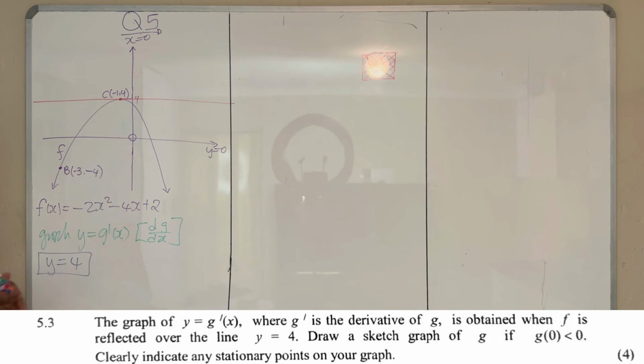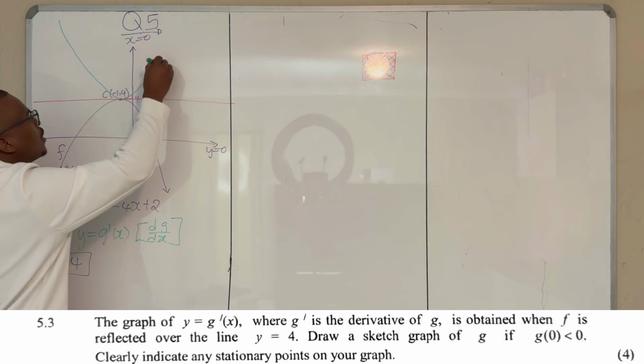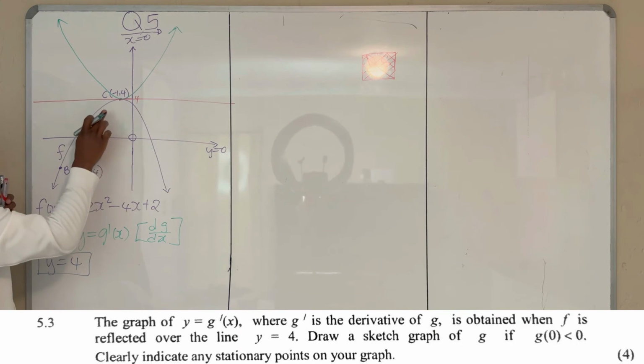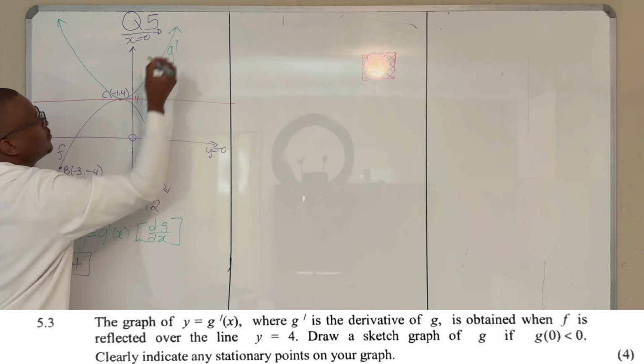This is how it will look, more or less. This is the image of f, which is called g prime.